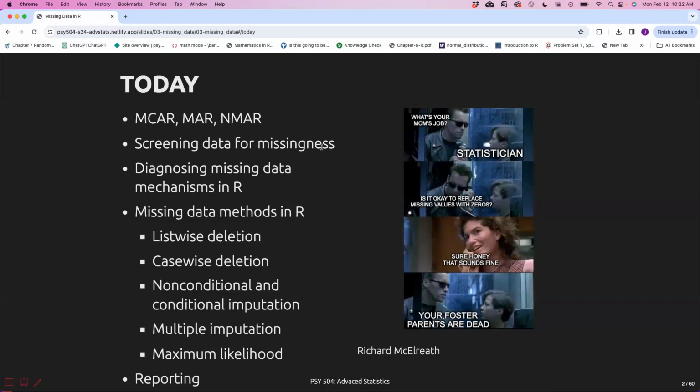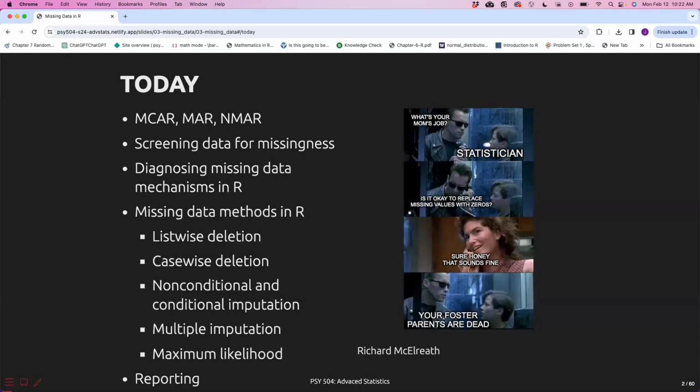So Ari did a really great job of introducing things like MCAR, MAR, and NMAR, but I want to reintroduce those terms just so we understand what those are, because they're vitally important for missing data analysis. I then want to talk about screening data for missingness using an example. I want to talk about diagnosing missing data mechanisms in R, and also missing data methods in R, which Ari touched upon.